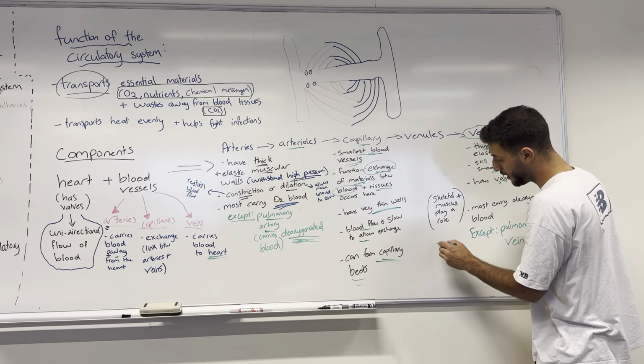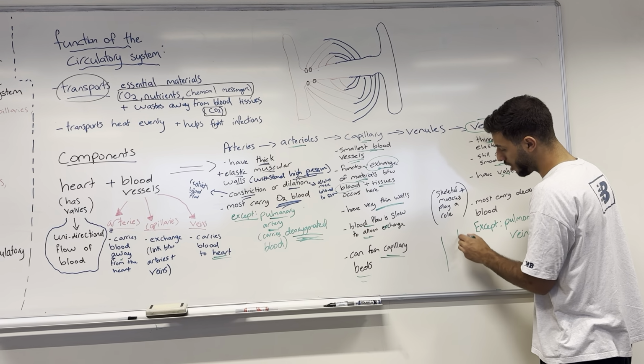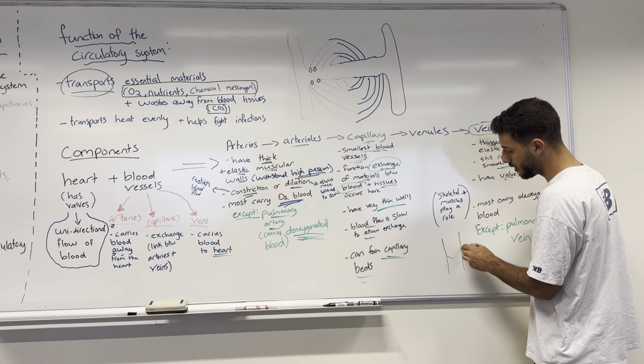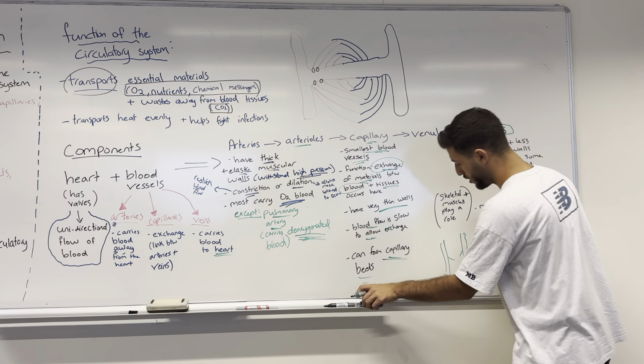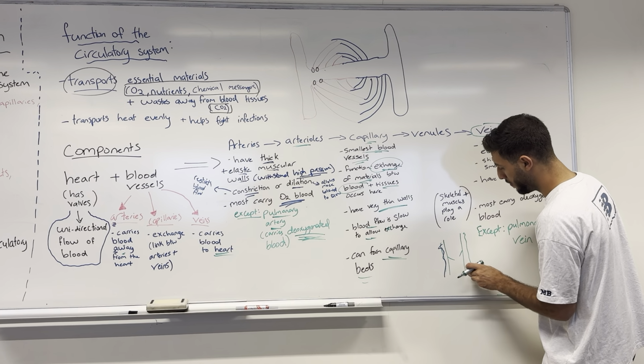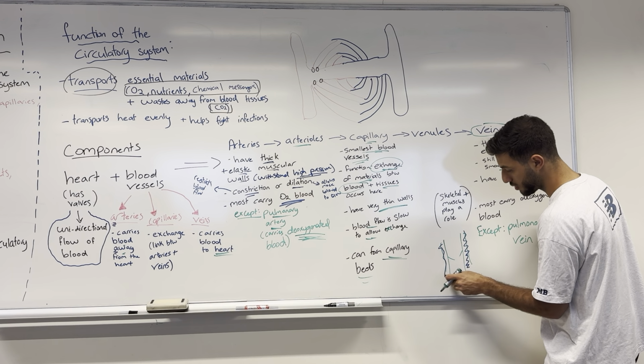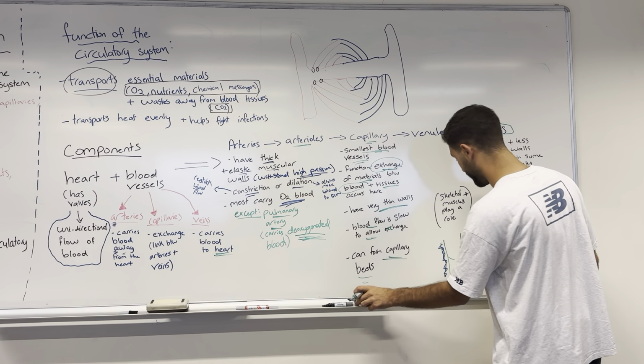So for example, let's say those are our legs, and this is a vein, and it's surrounded by, let's put the blue as muscle, okay? Skeletal muscles. Let's say those are our calves.